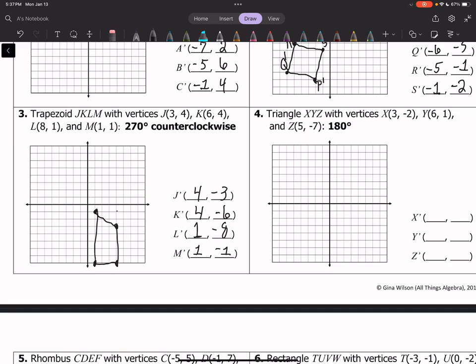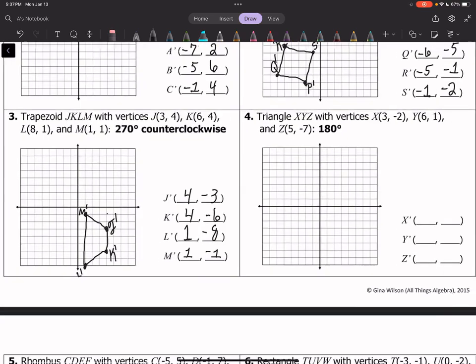Here is my image. And now I'm labeling them. That says negative 6, not negative 8. All right, done with that one.